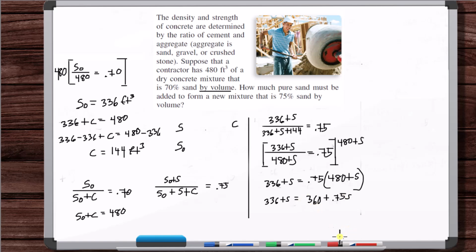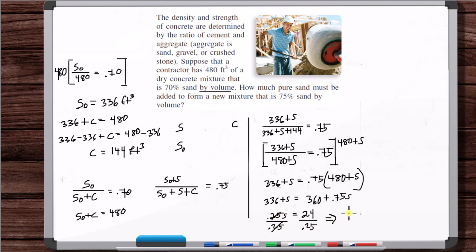Okay, let's subtract 0.75 S from both sides. So we have 1S minus 0.75 S on the left side, which is what? 0.25 S. And on the right side, we have 360 minus 336, which is 24. Okay, so now let's divide both sides by 0.25.